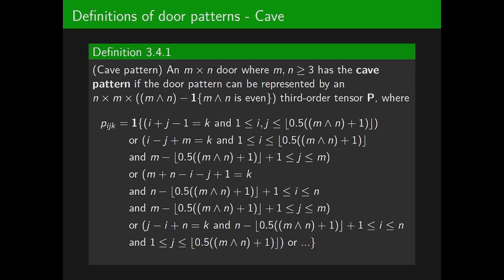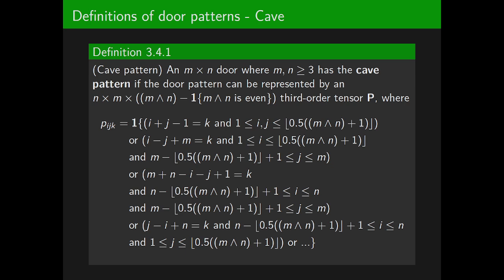The third order tensor has the indicator function in it. So n times m times the minimum of m, n, minus that if it is even, then you need to minus 1. So yeah, and then the third order tensor where, a bunch of stuff.